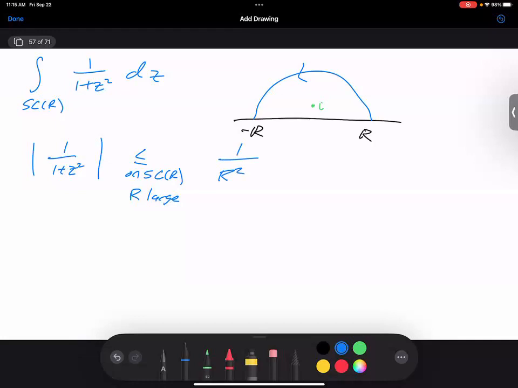When I'm adding numbers, if I want to make things large, the best is when they're in phase. If I want to make things small, what's the worst they could be? Opposite. So what would be the worst case for z squared and 1? 1 minus r? Yeah, but not 1 minus r squared. Other way, r squared minus 1.